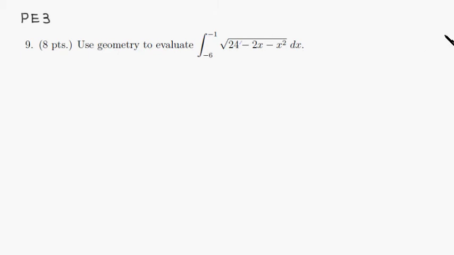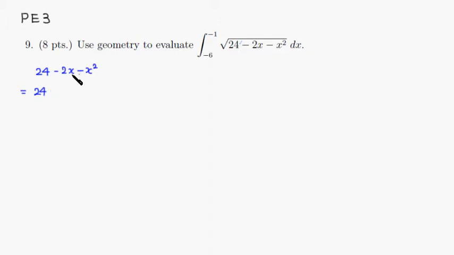So let's say 24 minus 2x minus x squared. I'm going to complete the square, so I'm going to put the 24 as it is.